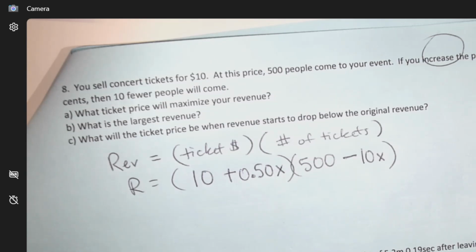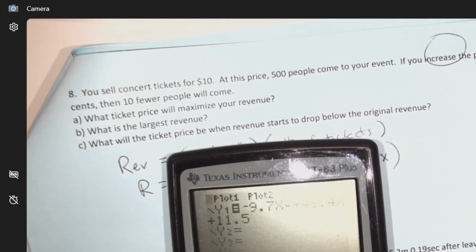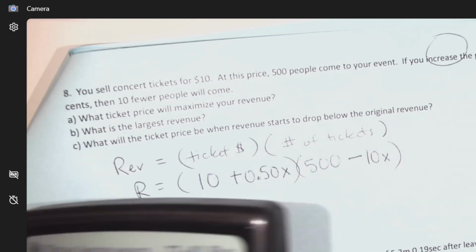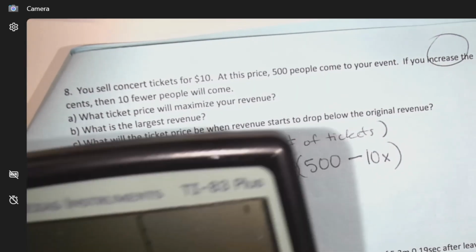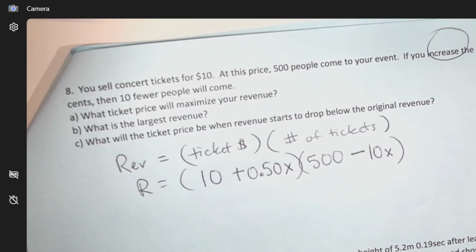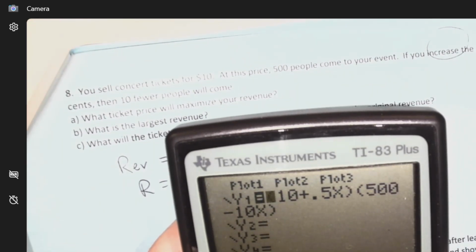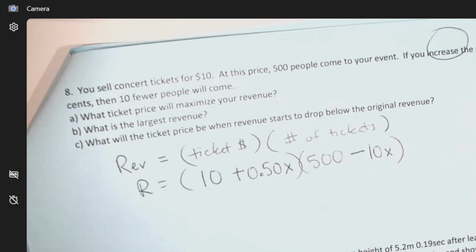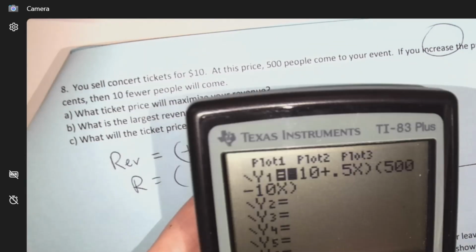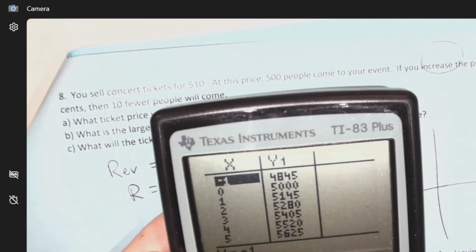Okay, so this is actually ready for you to go right to your calculator now. So it's in my y equals, exactly as you see on my paper. I put it in like that. Okay, I don't see this at all on my screen. I'm going to peek at my table here.